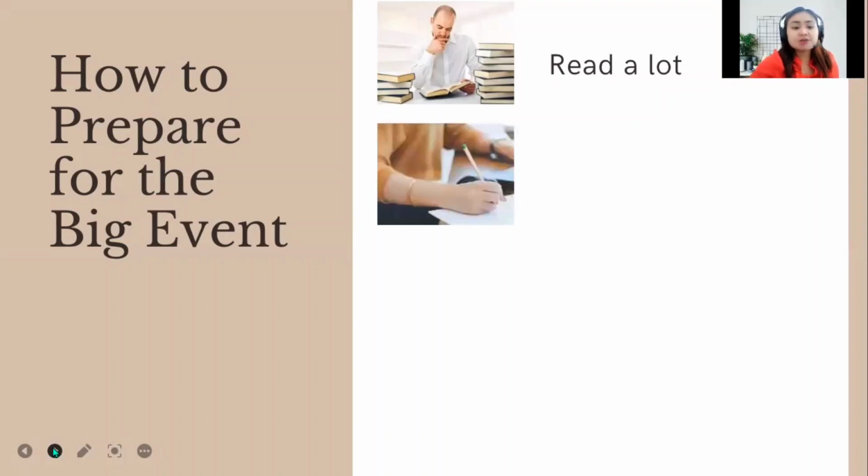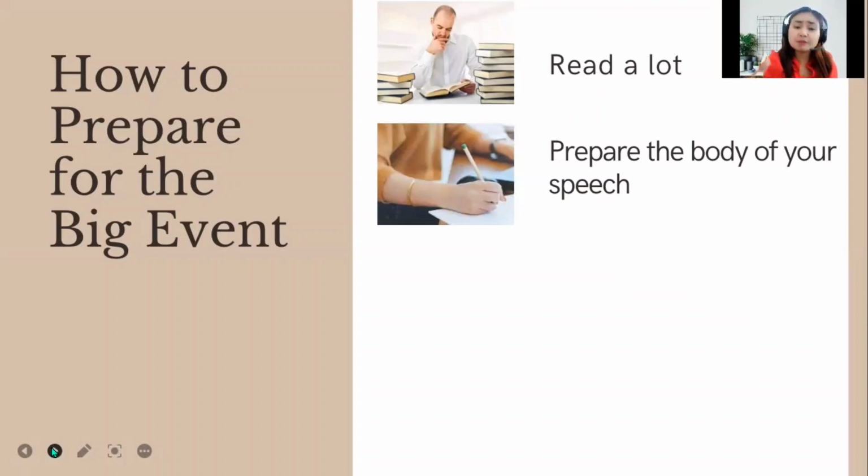Okay. Next, you have also to prepare the body of your speech. In preparing the body of your speech, you have to write a draft or probably an outline of what your introduction would be, your body, and your conclusion. And again, when you're writing it down, you have to reflect whatever information that you have researched about. Make sure also that your introduction, your body, and your conclusion are stitched together.